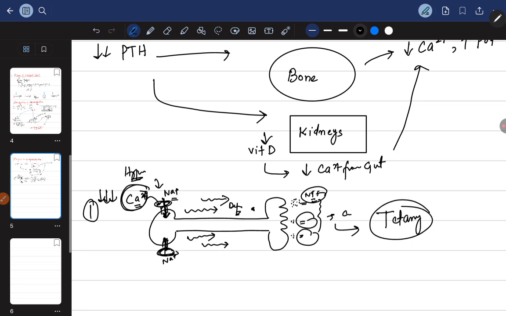So remember, there is hypoparathyroidism, there is decreased calcium in the blood, and at the neuromuscular site, this calcium is important for regulation of these sodium conducting channels.